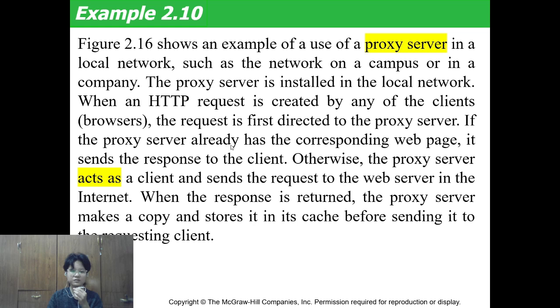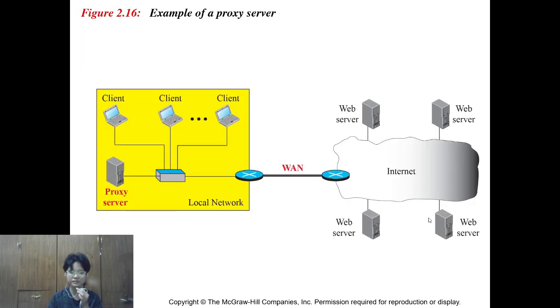If the proxy server already has the corresponding web page, it sends a response to the client. Otherwise, the proxy server acts as the client and sends the request to the web page server. In the internet, when the response is returned, the proxy server makes a copy and stores it in its cache before sending it to the requesting client. In this picture, you can see an example of a proxy server.